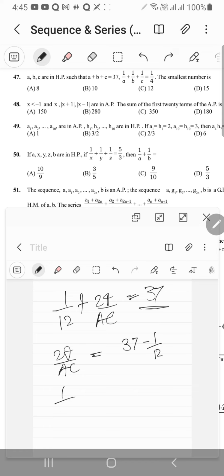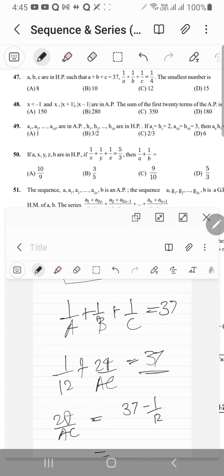So 1 upon AC, that would be, no, that's not going to work. We need to solve this properly, but this is too much. Why is this value 37? Why isn't this something small? Am I missing something?